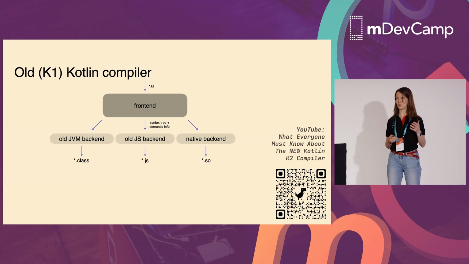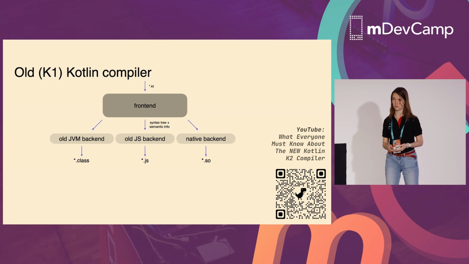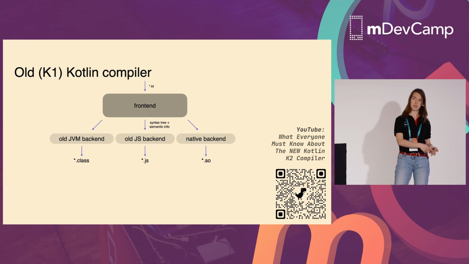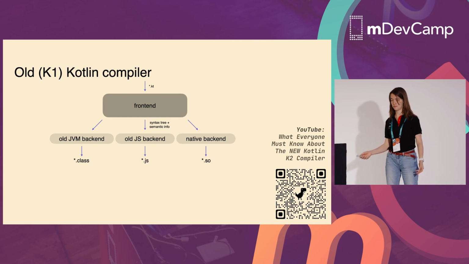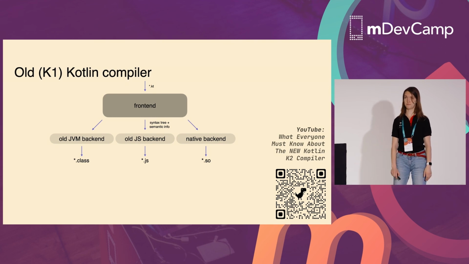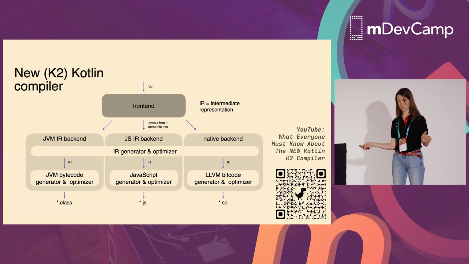Under the hood, there's a front-end. It takes Kotlin source files, produces some syntax tree, and passes some semantic information as well to the backends. Then the backends do their job, and we can run this code on JVM, JS, native. But some optimizations with those syntax tree information are common among all the backends.